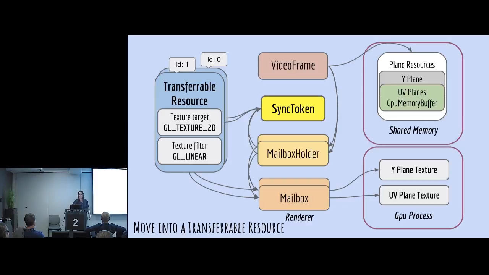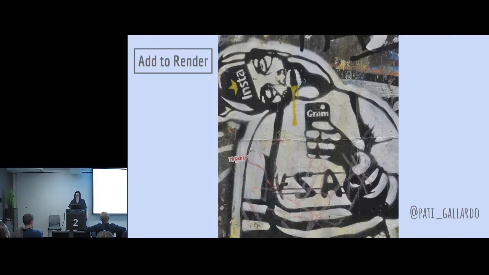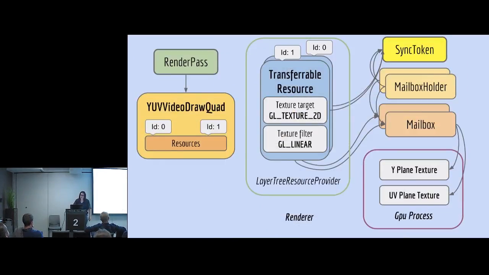Yeah. So the preparation is all about trying to make all of these types of resources and make sure that they're registered in this transferable resource thing, which is basically a little struct that you can carry around. And it ends up here.